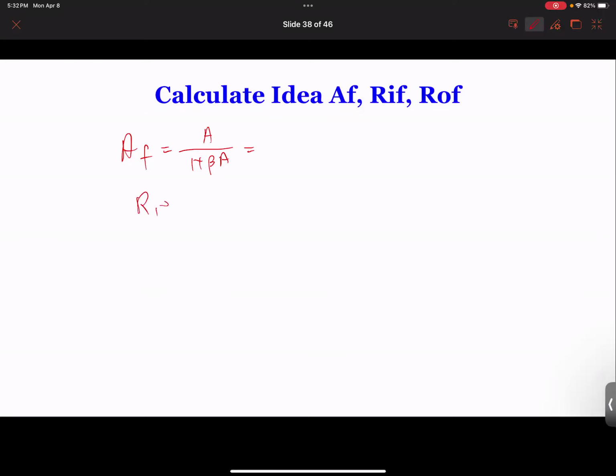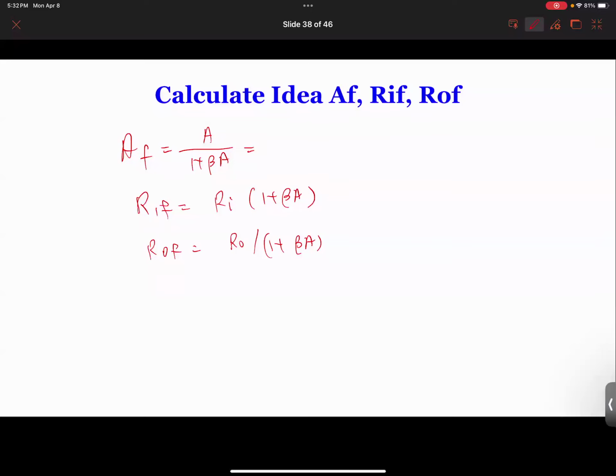And then we can get RIF equal to Ri times 1 plus beta times A, and ROF equal to RO over 1 plus beta times A. Now we got all these, we can plug in the numbers to get an actual value.